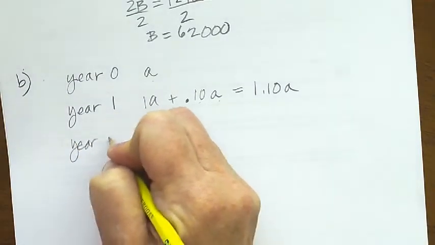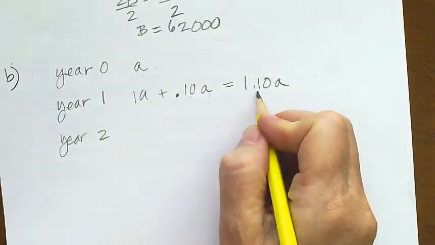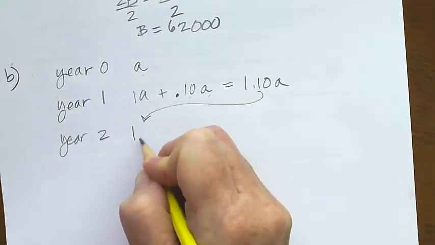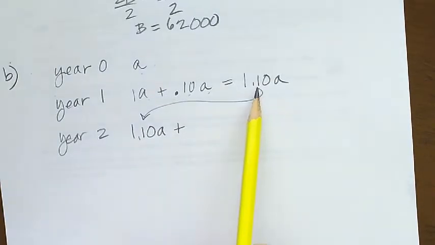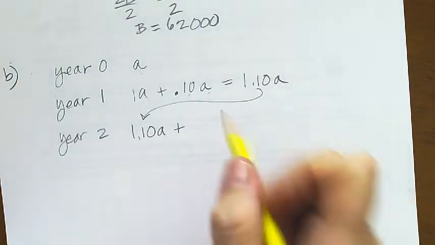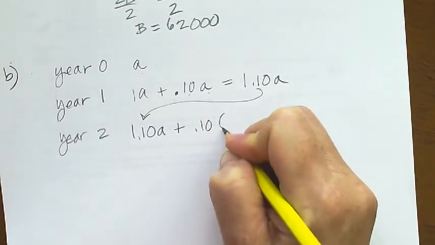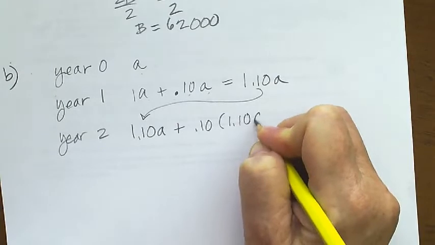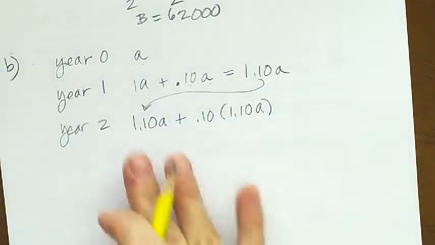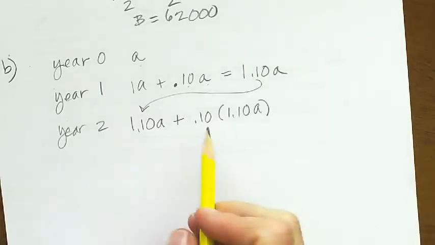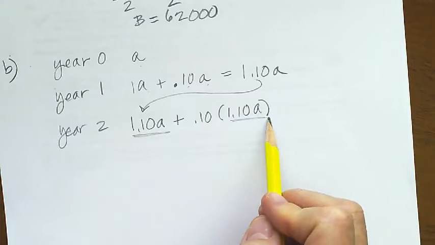Year 2 goes up another 10%. So now I have to take this amount, 1.10A, and add 10% of this. So that's going to be 0.10 times 1.10A. Now that would give me the answer, but you see how I have 1.10A here and here?